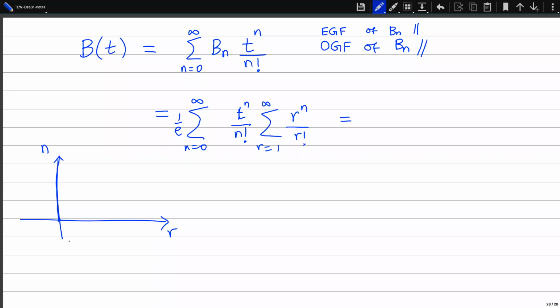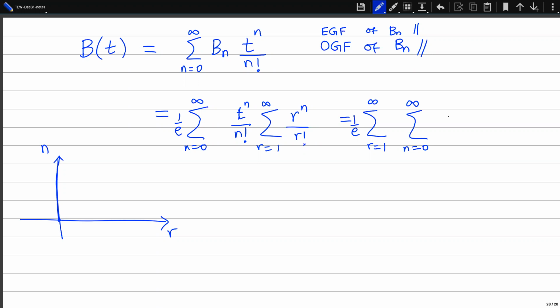For each value of n, r goes from, oh, this doesn't matter, they don't depend on each other. Wonderful, I don't need to worry. I can just interchange the order without any problem. This is now r goes from 1 to infinity and n goes from 0 to infinity.